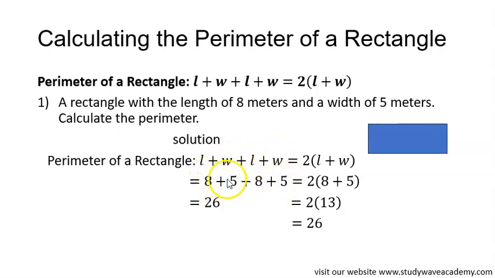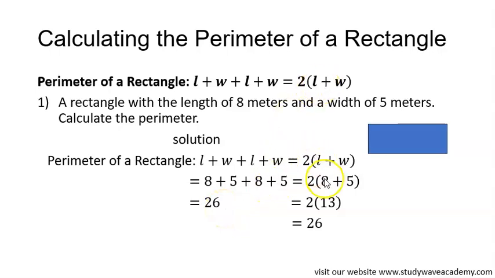So we have 8 plus 5 plus 8 plus 5. When you add all these together, what is going to be your answer? 26, right? So we have 26 as our answer.